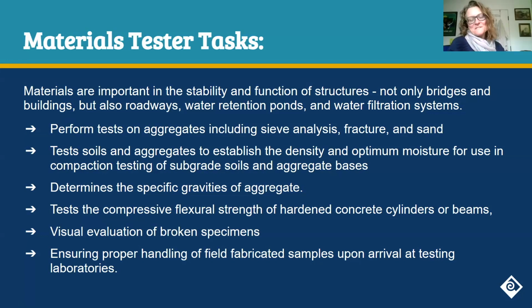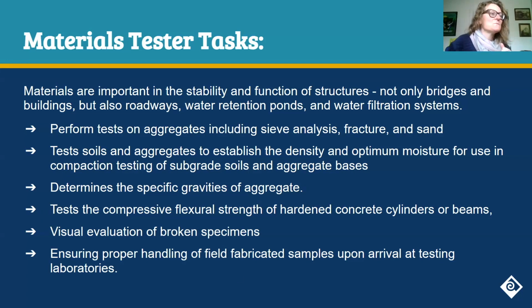So in the world of materials testing, you can test the different types of strength of hardened concrete cylinders or beams. After they break, you do a visual evaluation of how those samples or specimens have broken, and that will tell you how you might need to change the concrete mix or the method of pouring if you need to do some testing to verify the ultimate stability and safety of the structure that you are building.